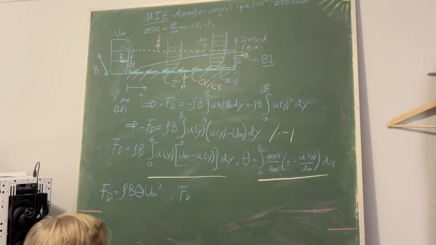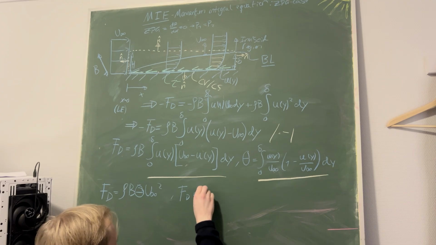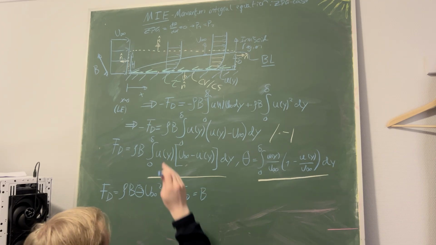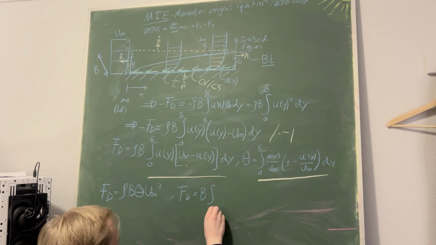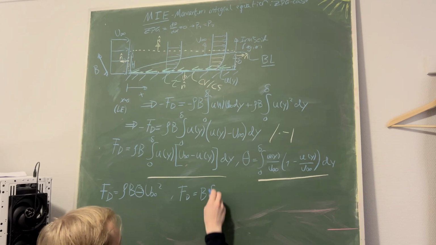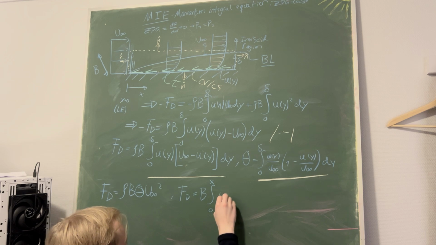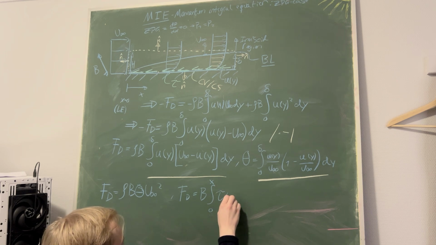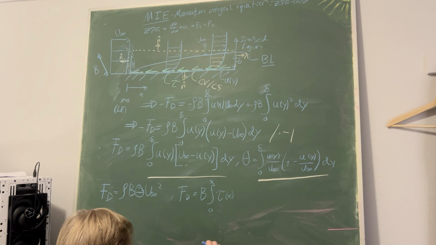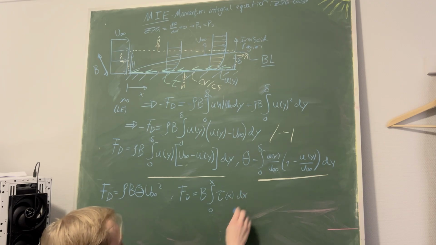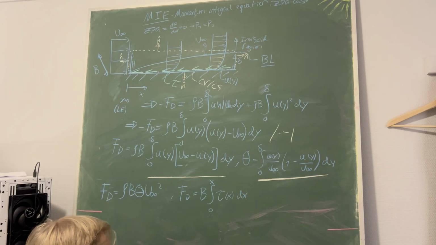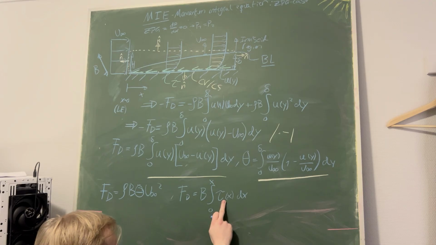Fd, our drag force, that's some thickness into the plane. Then we have from some distance 0 to a distance x, integrated up our shear stress dx, right? So this is a stress, so it's a force per area.